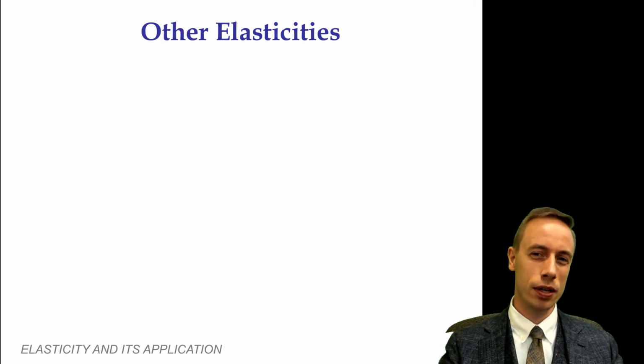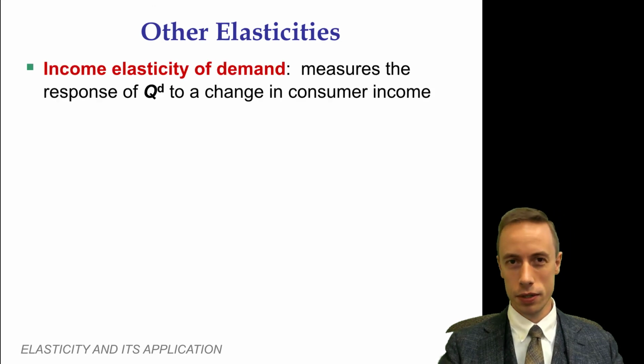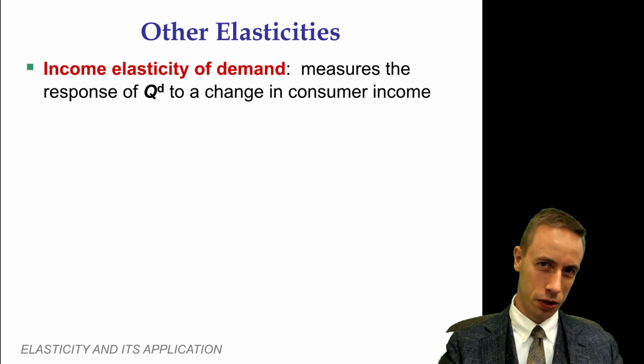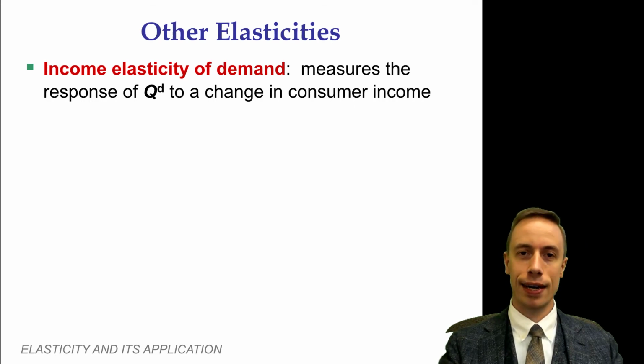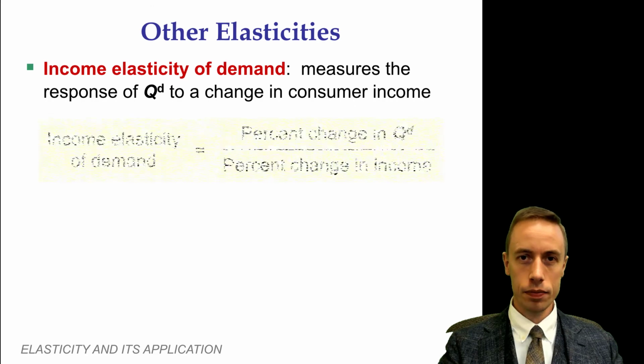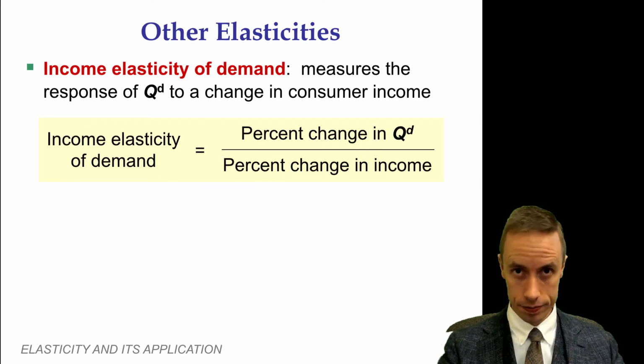We talked about income being a factor that affects the demand for a product. I'm of course talking about normal goods and inferior goods. We measure if a product is normal or inferior by looking at its income elasticity of demand. Meaning, we look at the percent change in quantity in response to a percent change in income.